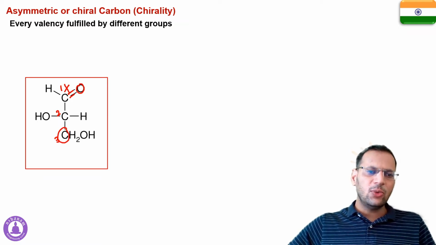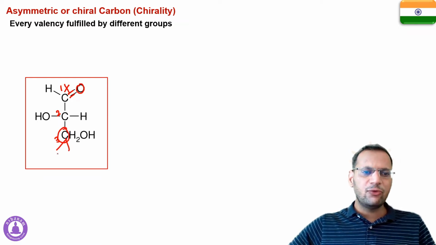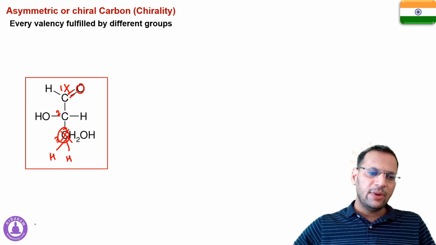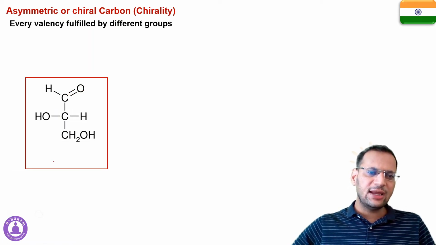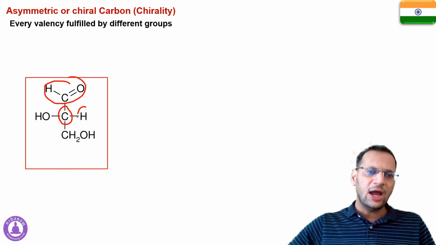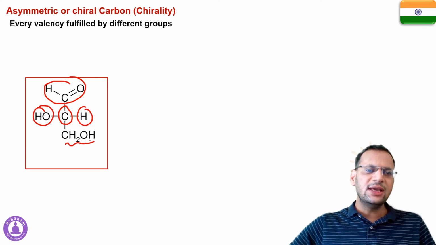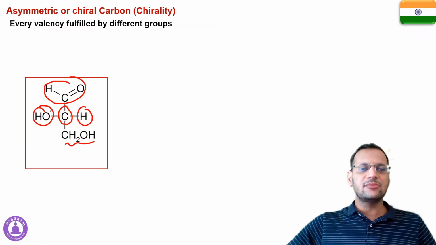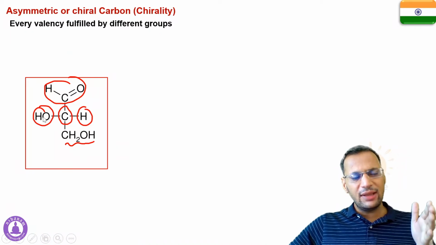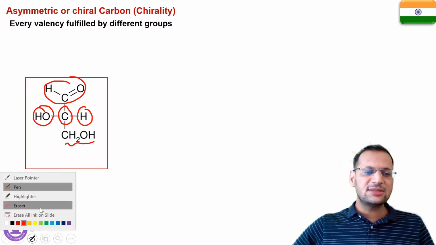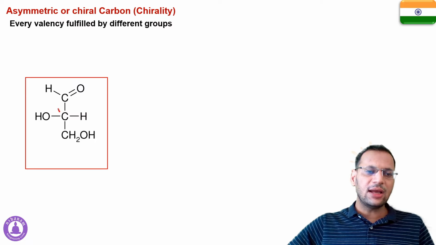Talking about the third one, the 2 valencies are fulfilled by hydrogen, so again it is not a chiral carbon. But if you look carefully at the second carbon, this carbon has on one side an aldehyde group, a hydrogen, a hydroxyl group and CH2OH. That means this carbon has all its valences fulfilled by different groups, so this carbon is a chiral carbon.